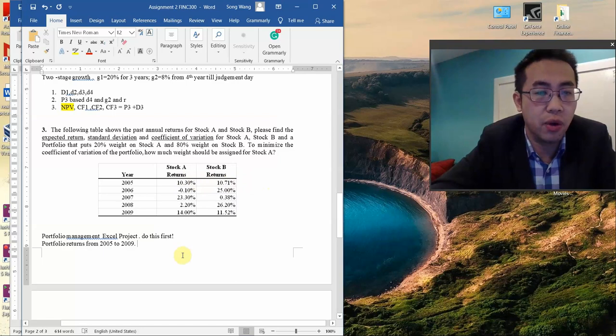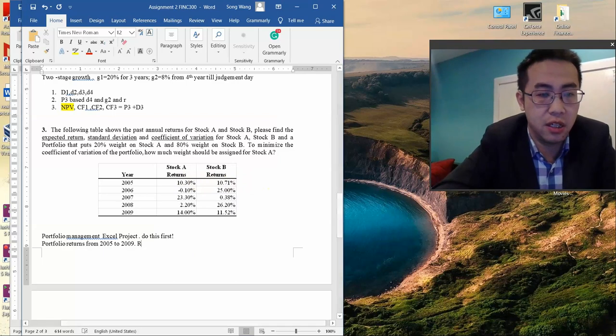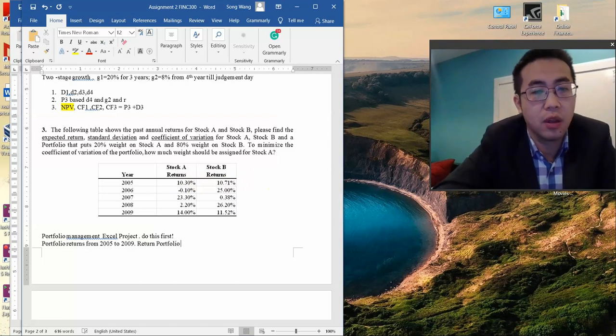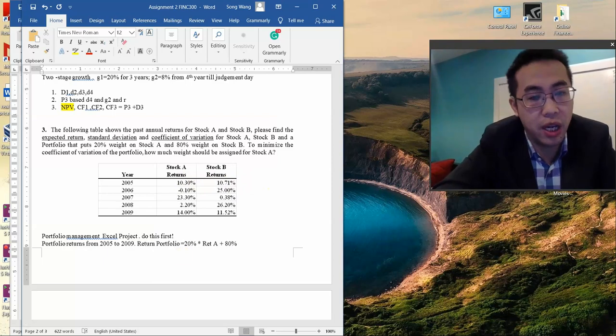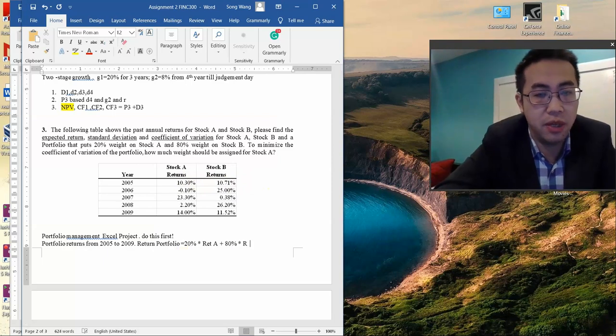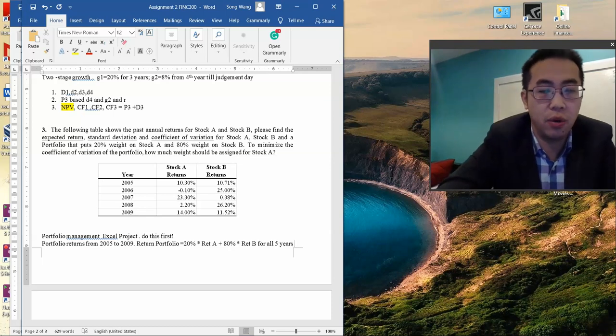The portfolio return is 20% weight of A times stock A's return plus 80% weight of stock B times the return of B. You do it for all 5 years, and so you will have 5 portfolio returns.